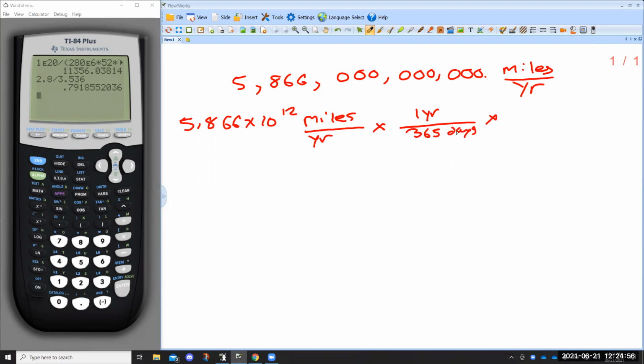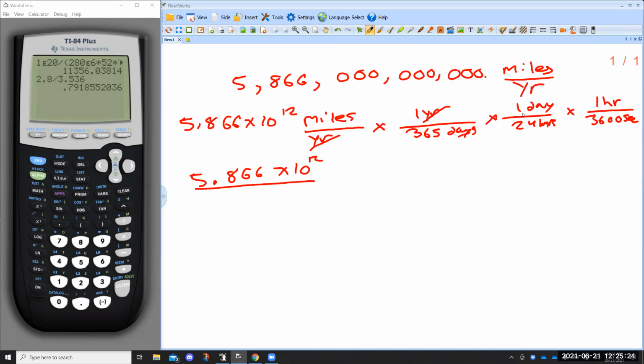I wish I just had a conversion to go right from one to the other already, but 1 day, 24 hours, times 1 hour is 3,600 seconds. So I'm going to make this 5.866 times 10 to the 12th miles per second over 365 times 24 times 3,600.